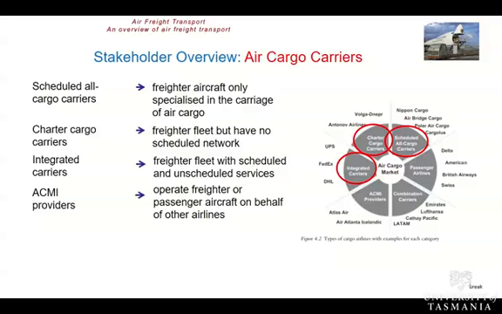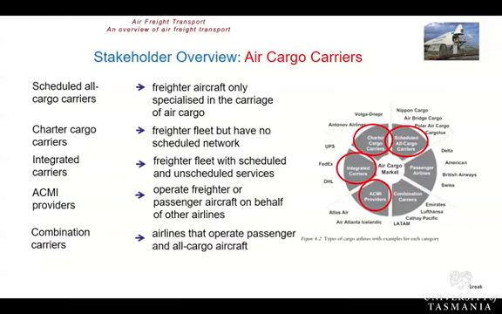And it stands for Aircraft, Crew, Maintenance and Insurance. So if you're an airline and you've got some increased capacity and you don't want to make an investment in a new aircraft, you might contact one of those guys and get them to operate a particular segment on your behalf. The two main operators we can see there are Atlas Air and Air Atlanta Icelandic. Once again, freighters. So all the ones that I've spoken about thus far deal with freighter aircraft. There's a little bit of passenger aircraft in the ACMI.